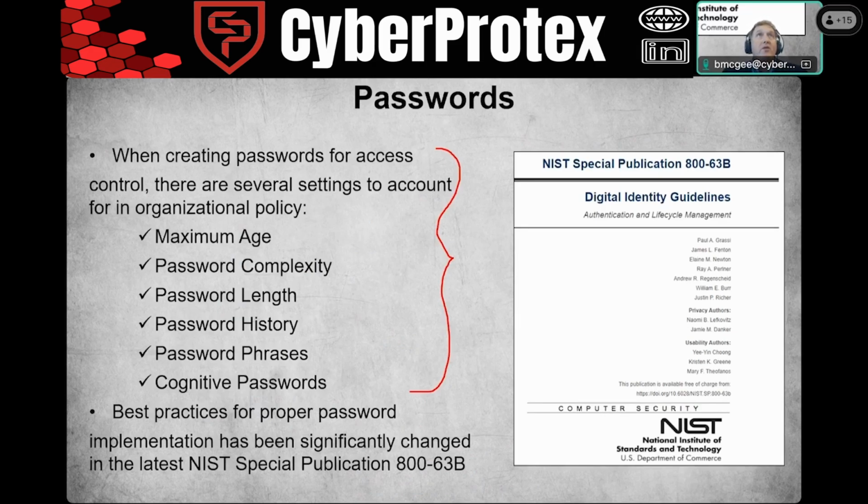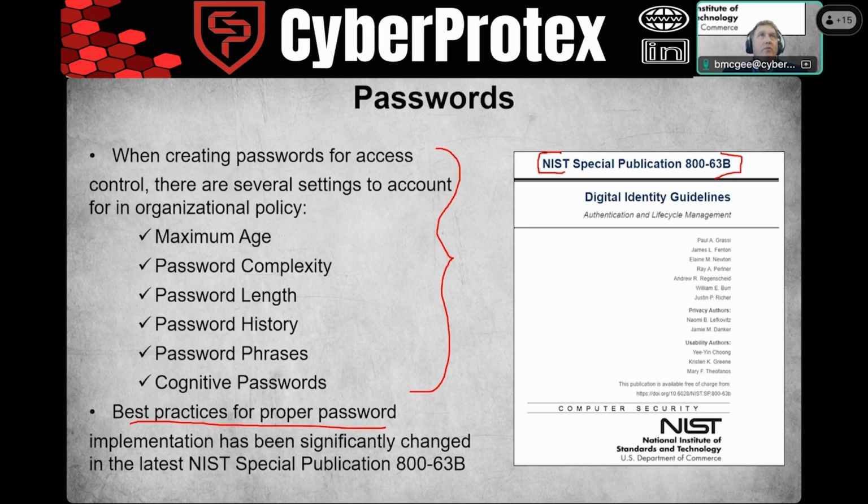And so with passwords, it's important to know that, yep, you guessed it, NIST has published a special publication, 800-63B, that goes into the digital identity guidelines. And it's been around a little while. But it just goes into the best practices for using proper passwords and how to implement those.